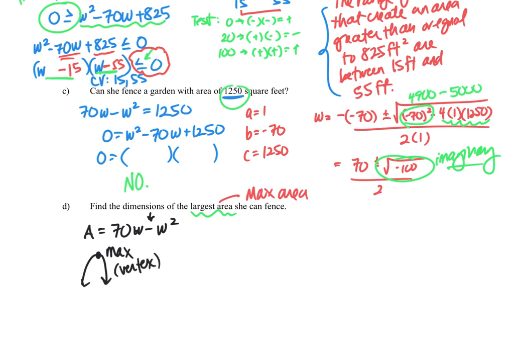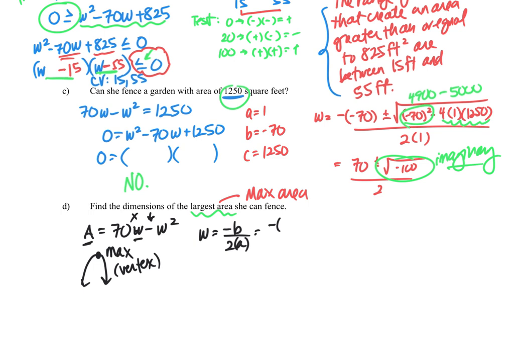So to start with my vertex, I'm going to say the x value of my vertex. And by the way, which one of these, area or width, is considered my x, like x and y? It's definitely going to be the W, isn't it? So I'm solving for the x value of the vertex: W equals negative B over 2 times A. Well, we did A and B and C earlier, so I'm going to say that's negative 70.